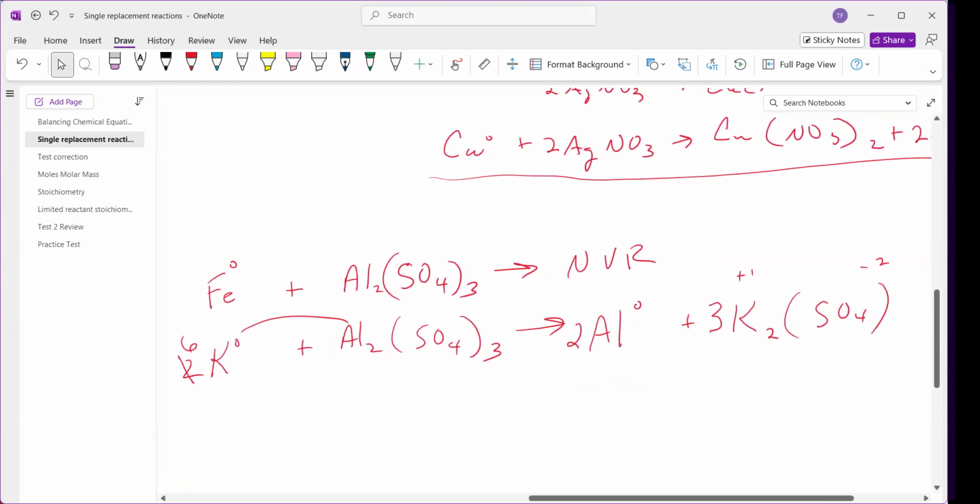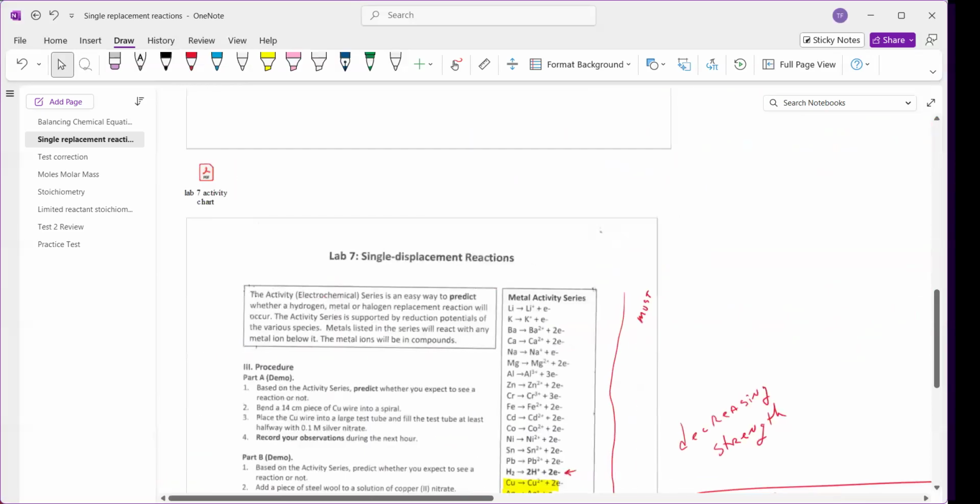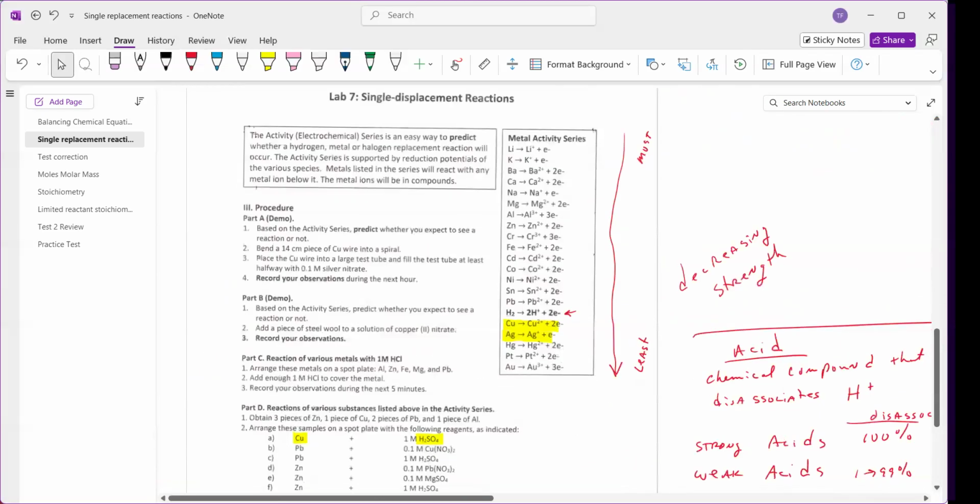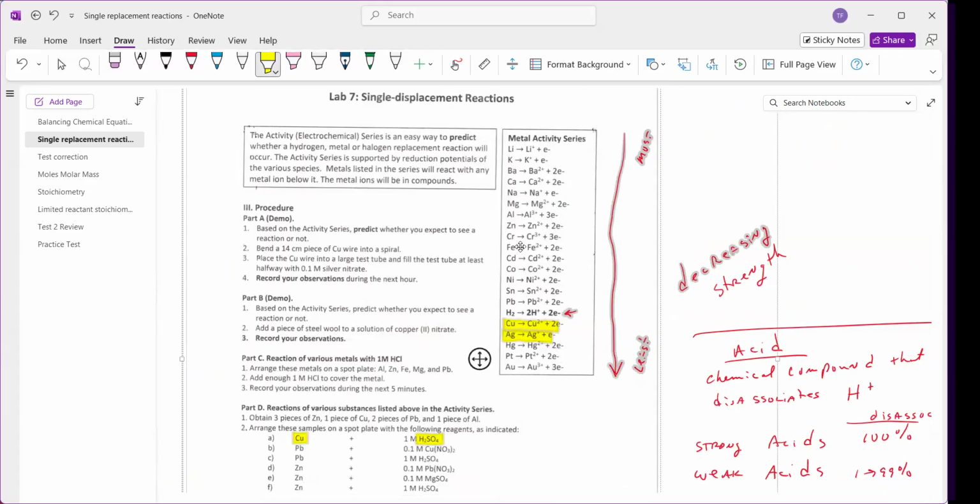So let's look at this one here. We have iron metal, iron 0, with aluminum sulfate. Does anything happen? Okay, we're going to find iron and aluminum in our reactivity series. And aluminum.